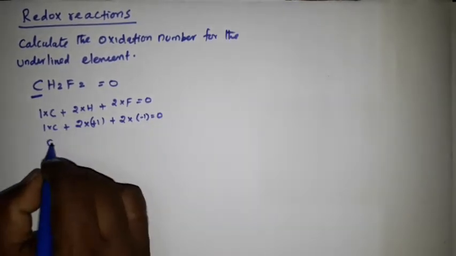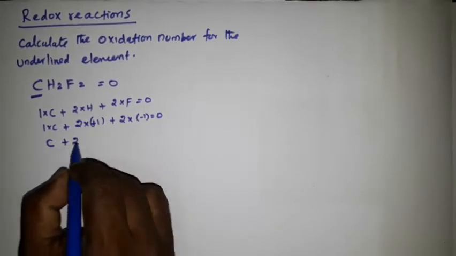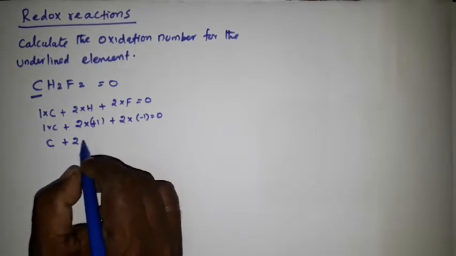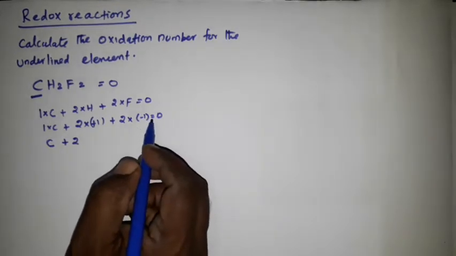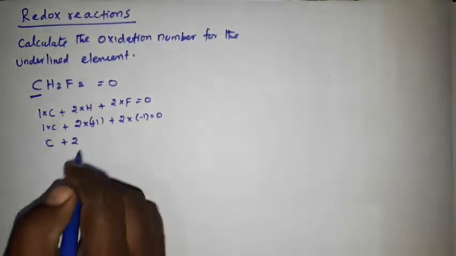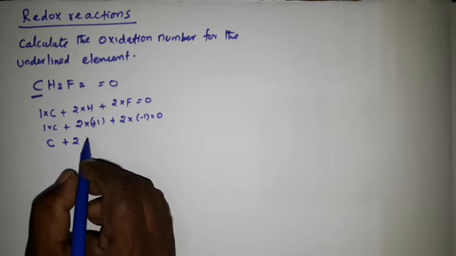So carbon, I am writing here carbon plus 2 into plus 1 plus 2 into minus 1. Sorry, one mistake is there. It's not a mistake, it's correct only. So 2 into plus 1, that is plus 2.